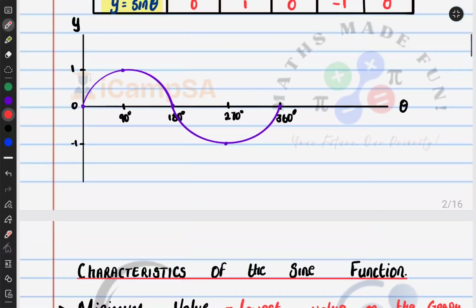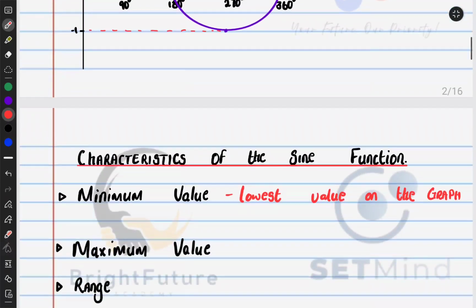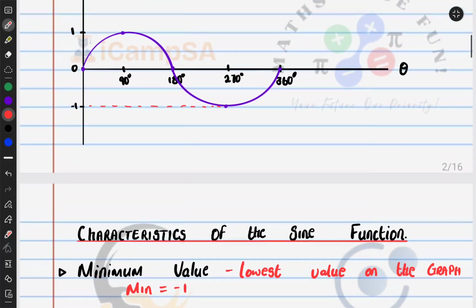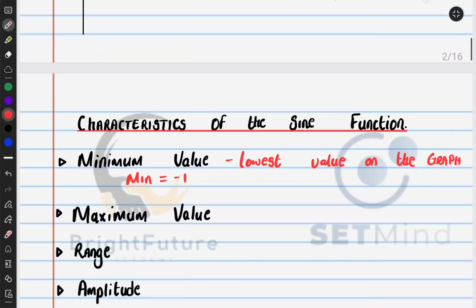Let's come to our function and see what our lowest value is. Our lowest value on the graph is -1. So we say min is equal to -1 for this simplest, most basic sine function.